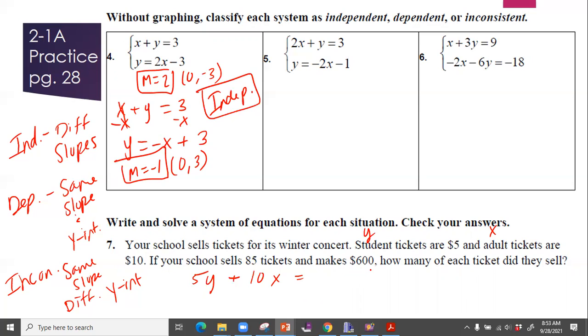And how much money did I make? I made $600. And then for total sales, I know that together, X and Y has to equal how many total tickets did I sell? 85. So you have your 2 equations to set up and use Desmos to solve.